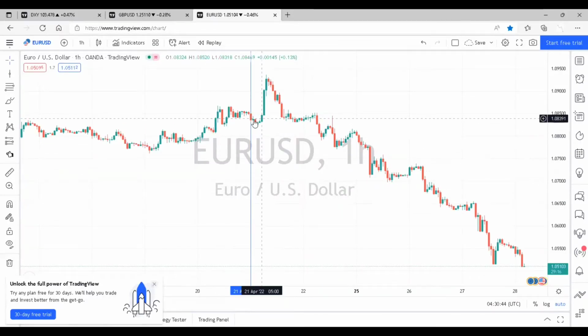So this is kind of what the market did. It went up slowly, and then it just kind of lingered, and finally just bottomed out very fast. So it did not give you much of an entry using smart money concepts.